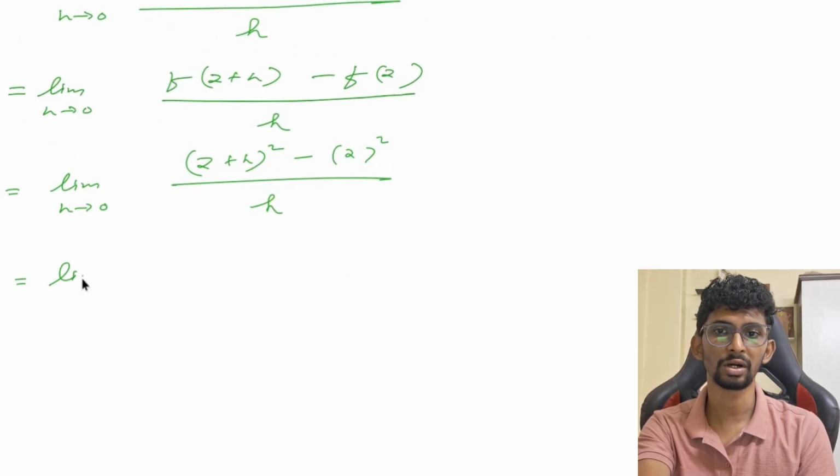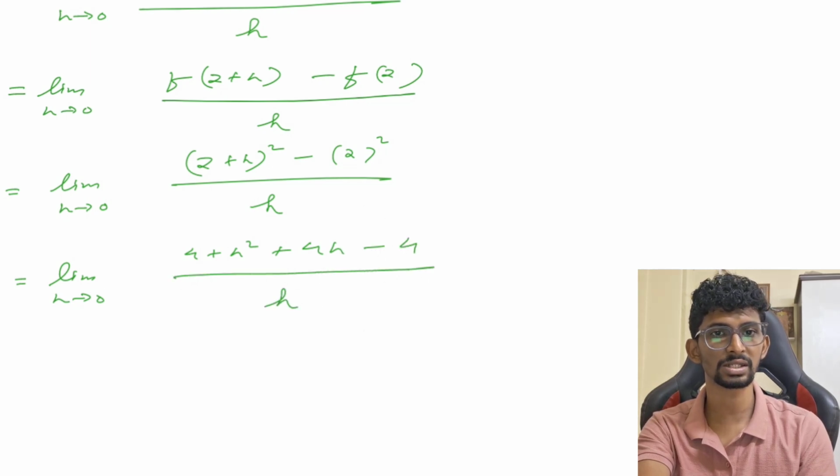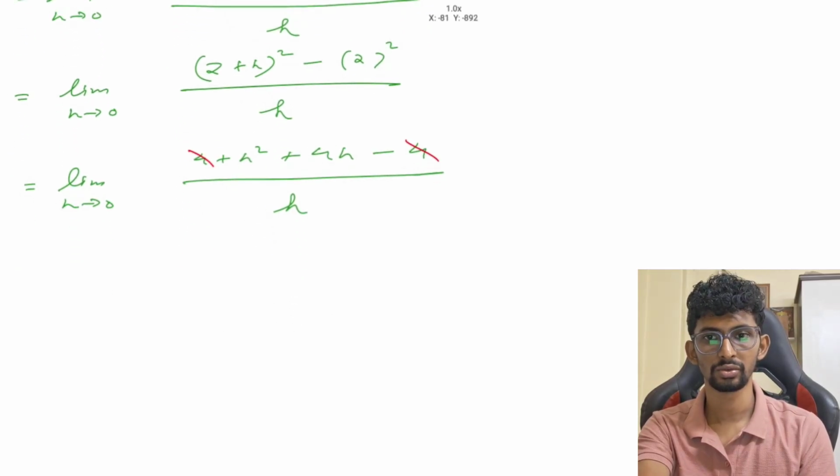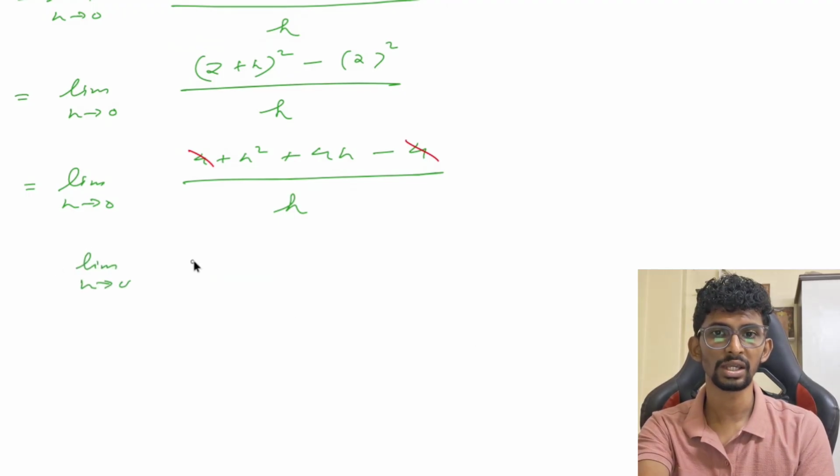So this will become limit of h tends to 0, 4 plus h square plus 2ab, that is 4h, minus 2 square, which is again 4, divided by h. Now 4 will get cancelled. So we will be left with h square plus 4h. Limit of h tends to 0, h square plus 4h by h.